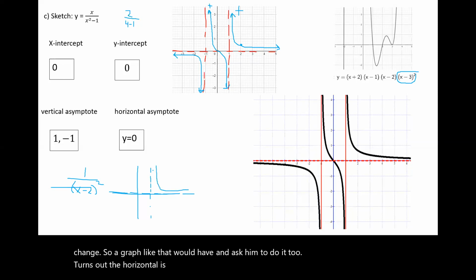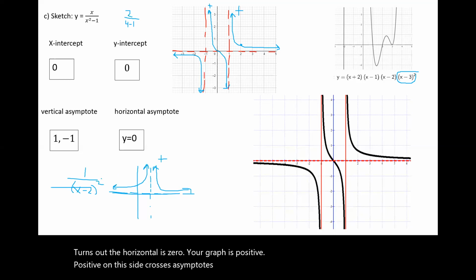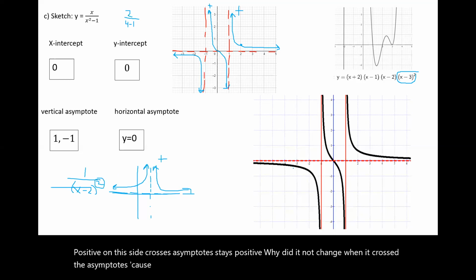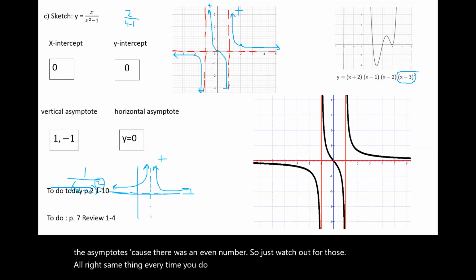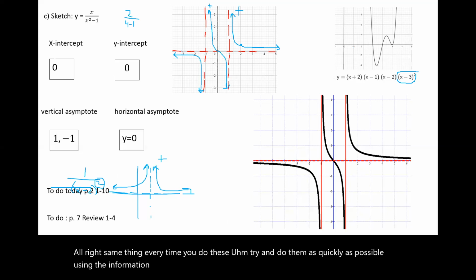Your graph is positive. Positive on this side, crosses the asymptote, stays positive. Why did it not change when it crossed the asymptote? Because there was an even number. So just watch out for those. All right. It's the same thing every time you do these. Try and do them as quickly as possible using the information I just gave you with the changing of the sign, and get good at them. All right.